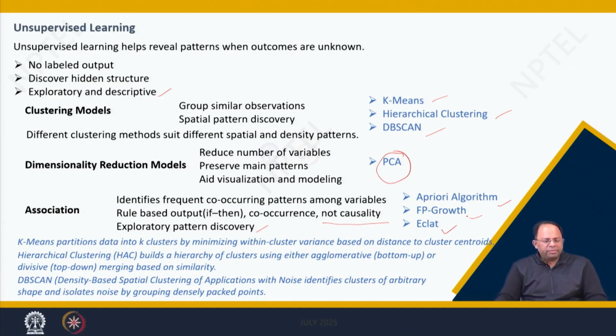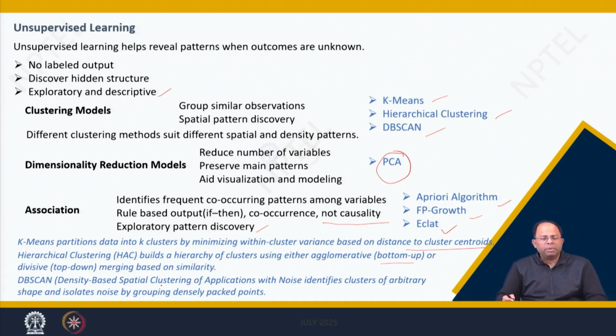So regarding the different clustering systems, K-means partitions data into k clusters by minimizing the within-cluster variance based on distance to the cluster centroid. That means how tightly things are packed together is being looked into. Hierarchical clustering builds a hierarchy of clusters using either agglomerative or divisive merging based on similarity.